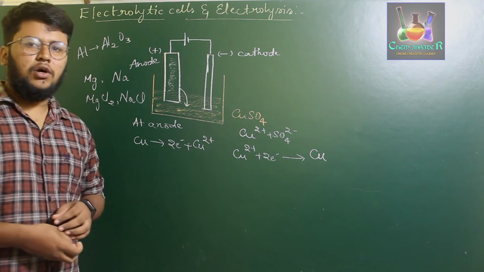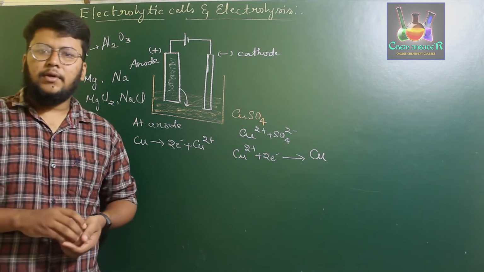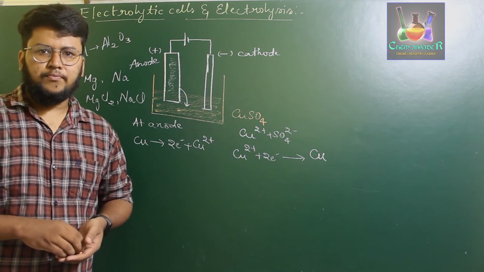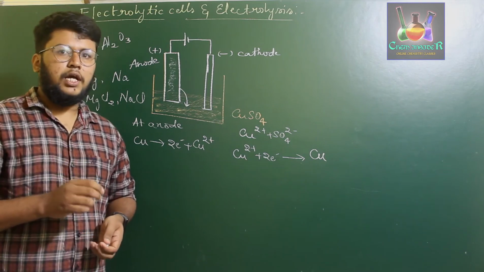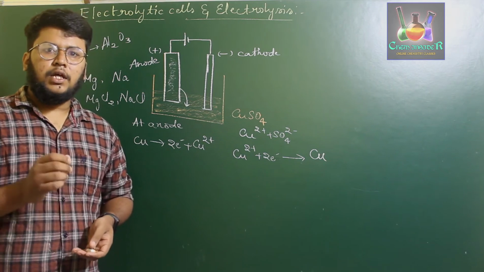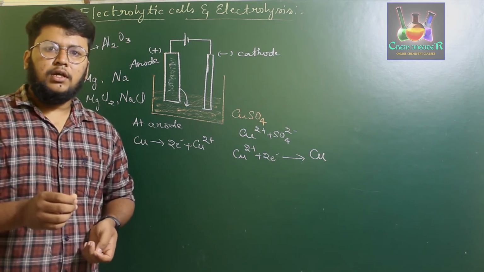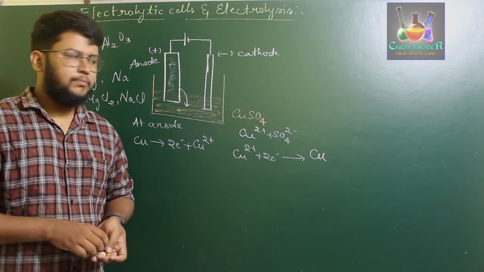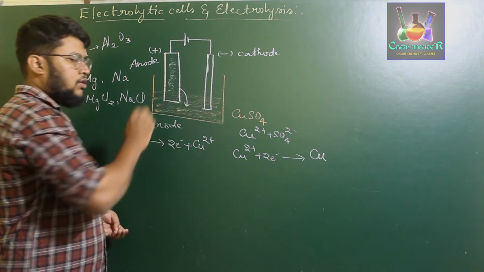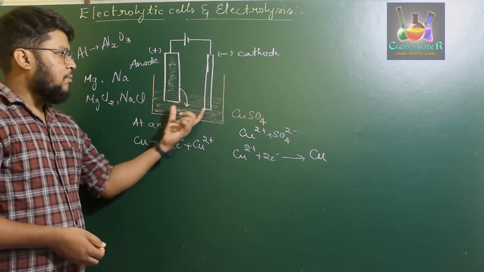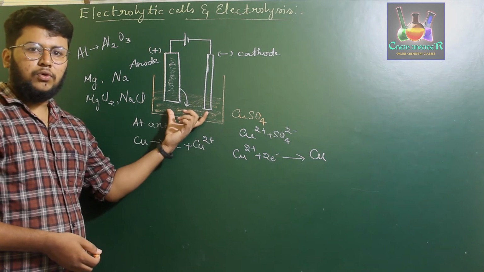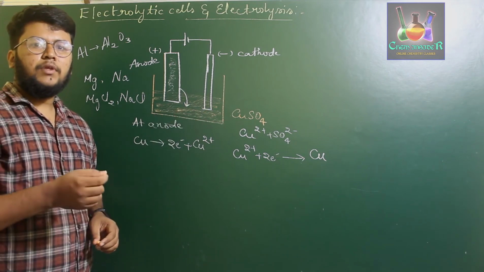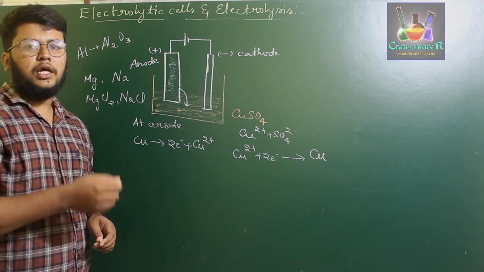For the first law, he said that whenever you observe a chemical reaction in an electrolytic solution on passing electric current, the amount of chemical reaction happening at an electrode in an electrolysis process is directly proportional to the amount of current passed through the electrolyte.